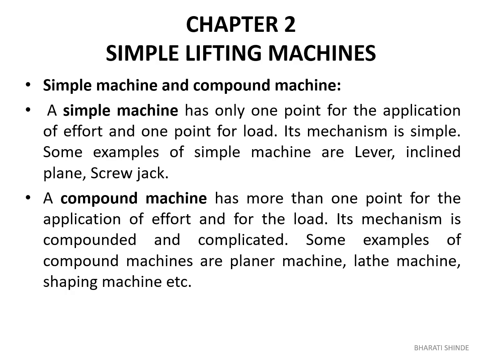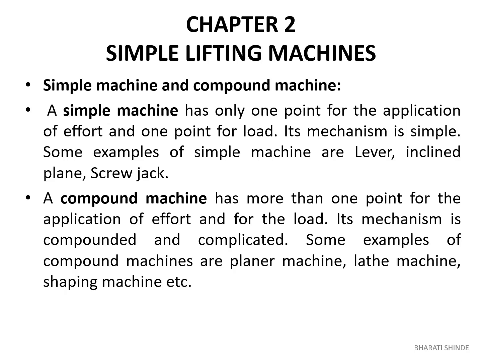Then we will see compound machine. So compound machine has more than one point for application of effort and the load. In simple machine, only one point for the application, and in compound machine, more than one point for the application of effort and load.